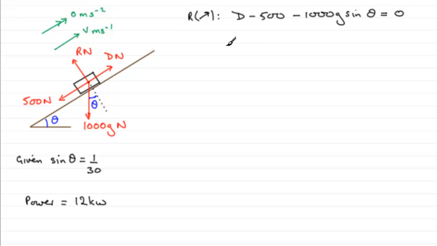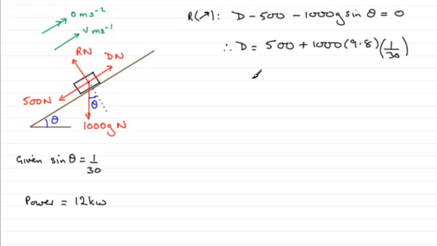Now you can rearrange this for D at this stage, so D will equal, and if we add 500 and 1,000 g sine theta to both sides, you're going to get D equals 500 plus 1,000 g sine theta. And if we take g to be 9.8, and then we've got sine theta, well that's going to be 1/30th, so pop that in there, 1/30th.